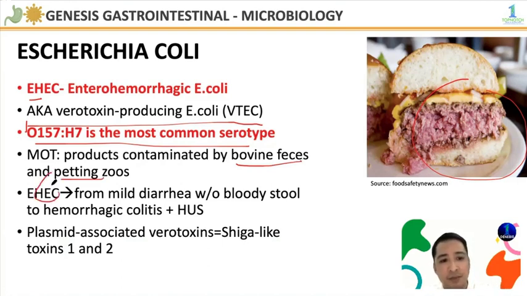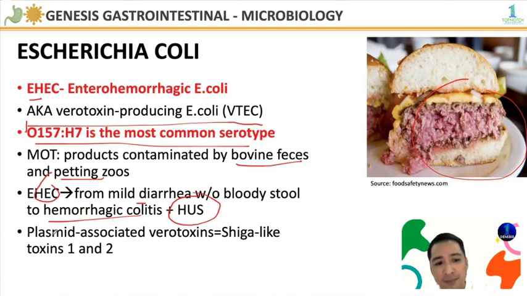EHEC sometimes will start first with mild diarrhea without bloody stool, then eventually it will present with hemorrhagic colitis and hemolytic uremic syndrome. Hemolytic uremic syndrome is most common in kids less than 5 years old.